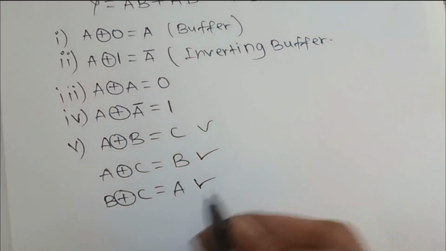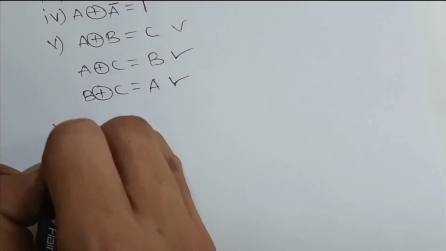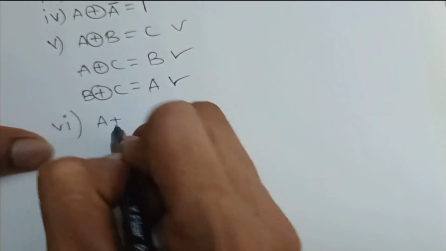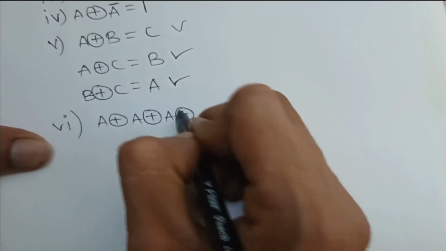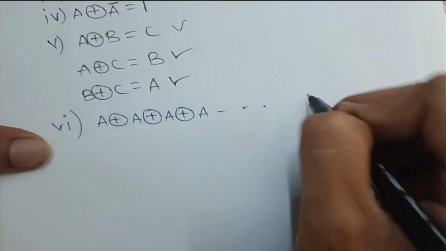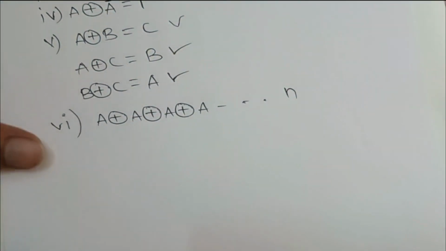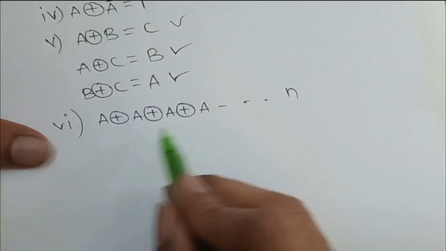Next one, this is the most important property. If you take A XOR A XOR A XOR A like that for n times, here comes the value of n. Suppose you take XOR of a variable with itself for n times.